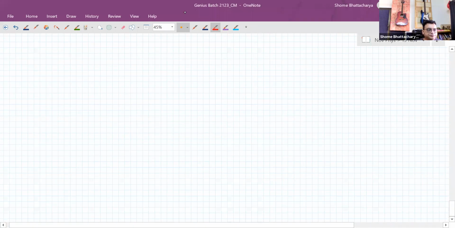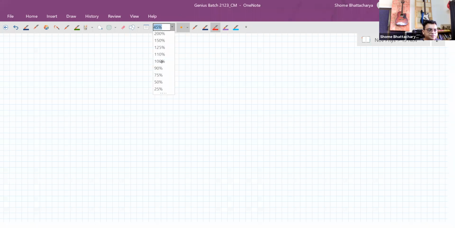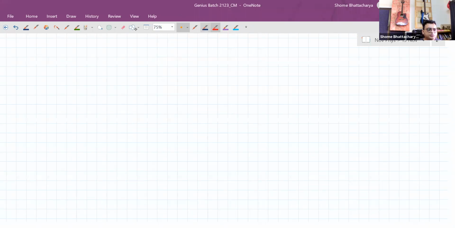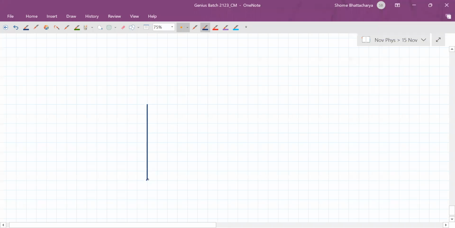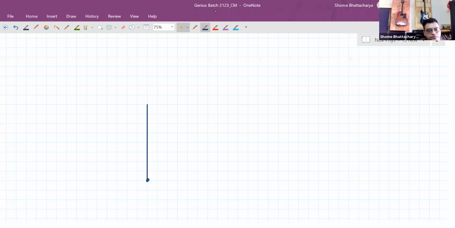Okay, so let's see, anybody got this maximum height? So 50 by 9. Sorry, come again, beta. 50 by 9.